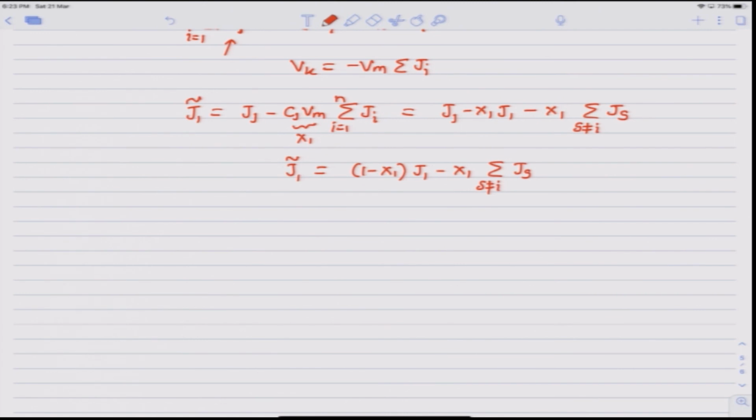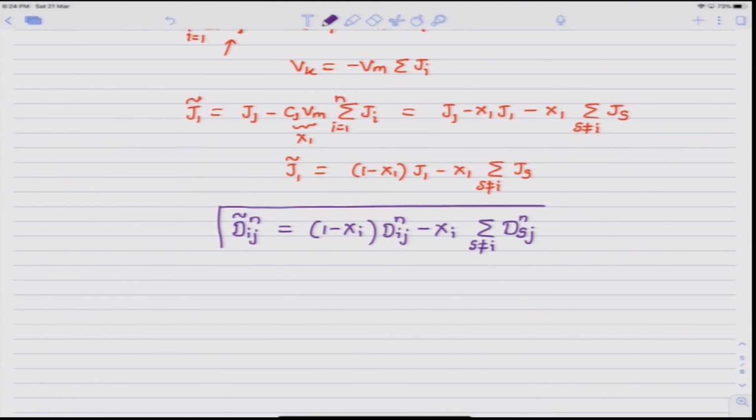I will skip the steps in between and will directly write this relation, which comes out to be Dij tilde n is equal to 1 minus xi times Dij n minus xi times Dsj n, and the summation is over all s except i. And this is applicable for constant molar volume.